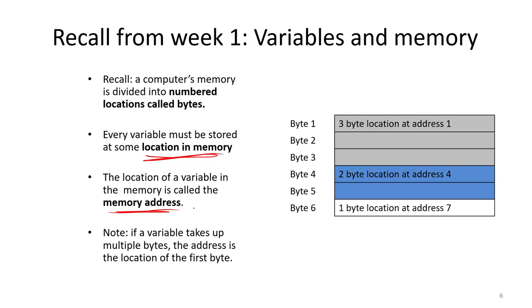If our variable happens to take up multiple bytes of memory, then the address will be the location of the first byte. For example, here, if I have a 3-byte block of memory, the address of that 3-byte block would be the address containing the very first byte. So in this case, the location of byte 1 marks the address of that memory.